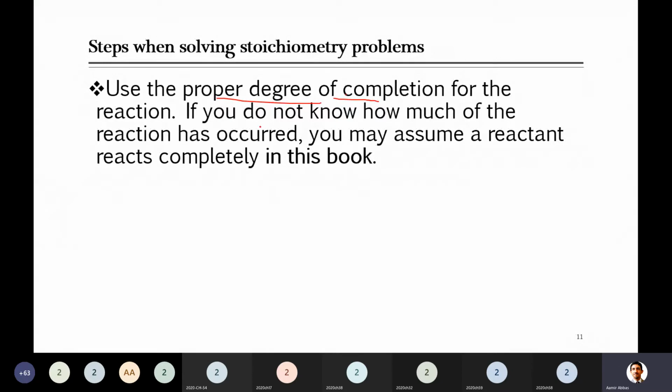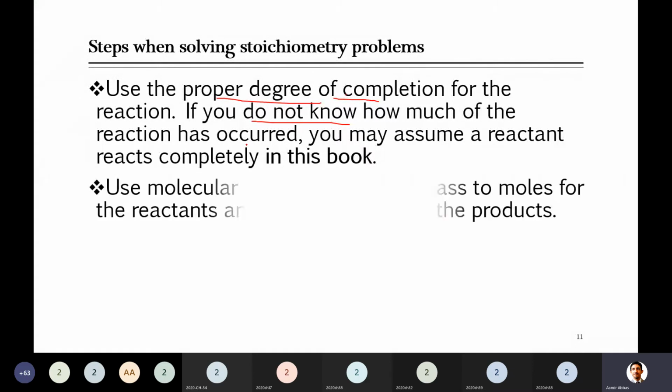So in any problem where you don't know how much reaction has occurred, or how much reactant is converted, because the question didn't mention it, you can consider it a complete reaction, with all reactants consumed. In most problems, he will tell you if it is not consumed. If something is totally consumed, most of the time he will not talk about it, so you have to automatically consider that all reactants are consumed in that system.